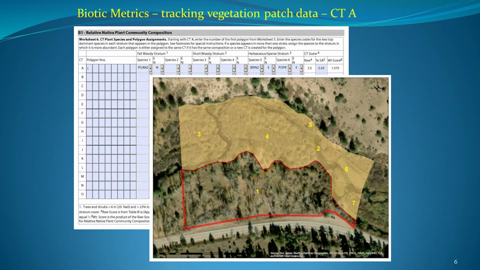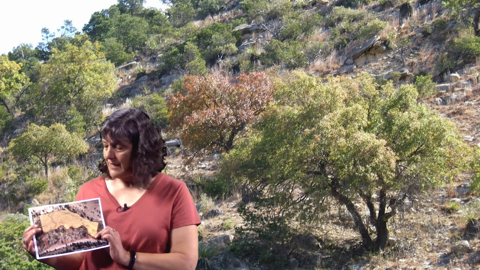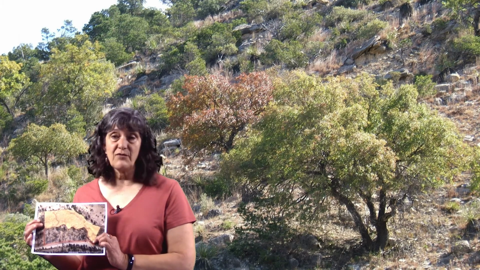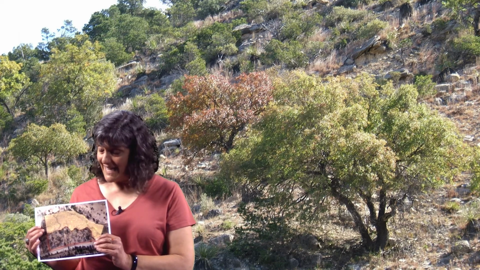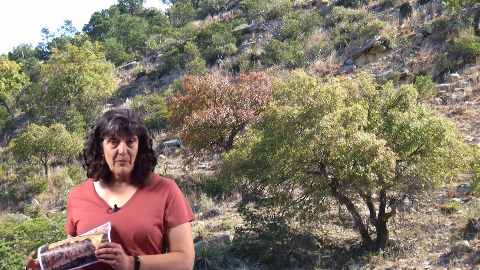And then you also put in the percentage area of your sample area that you think your polygon represents. So in this case, we put in 45%. And don't agonize about this. This is rapid assessment. If you think it's 40%, that's fine. All you have to do is make sure at the end of the day, your whole sample area, all the polygons that you recorded, and all the community types you recorded come up to 100% of the sample area.